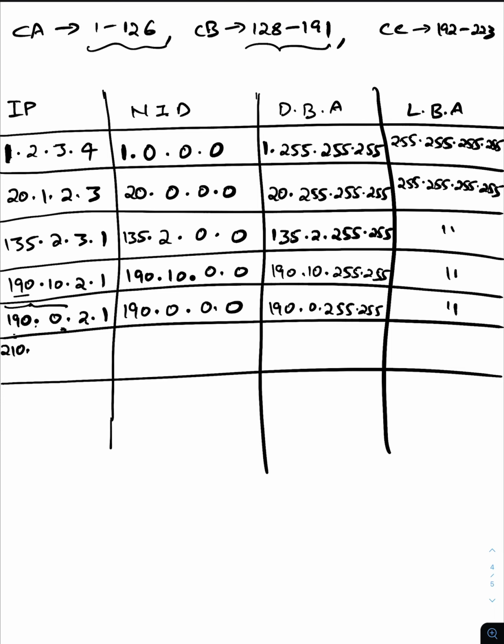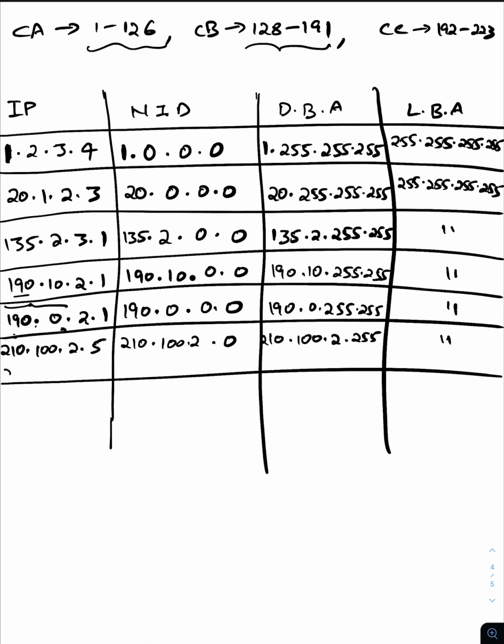Now let's take an example from class C, 210.100.2.5. Since the first 24 bits represent the network in class C, your network is 210.100.2.0, which represents the network, and the direct broadcast address is 210.100.2.255, and the limited broadcast address is the same.